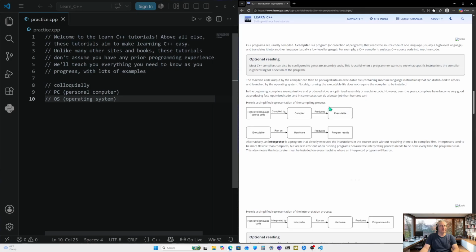In the beginning, compilers were primitive and produced slow, unoptimized assembly or machine code. However, over the years, compilers have become very good at producing fast, optimized code, and in some cases can do a better job than humans can. Here is a simple representation of the compiler process. You get the high-level language C++, compiled by the compiler, then produced into executable code or a file, which is where we get the exe from.